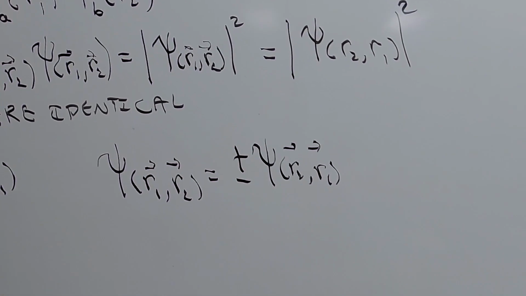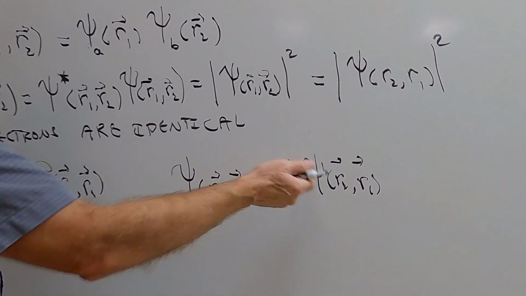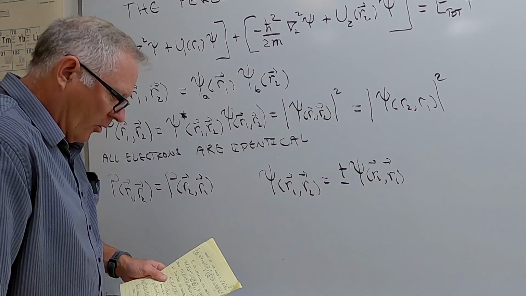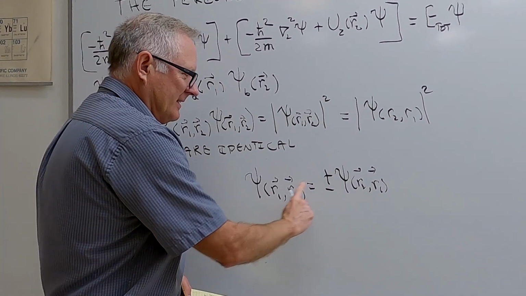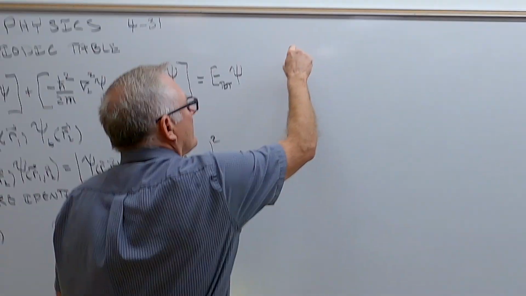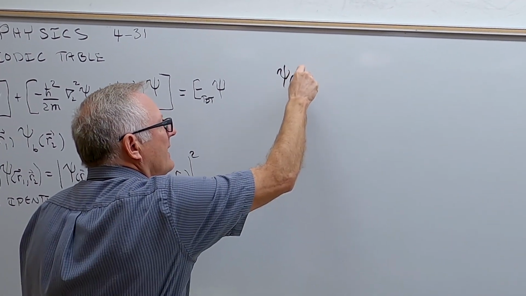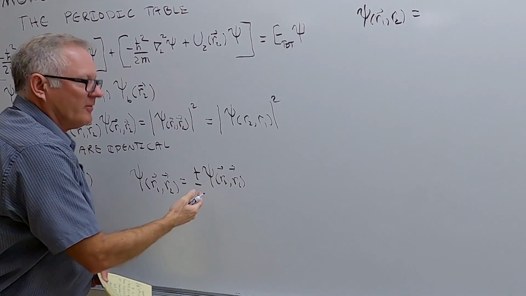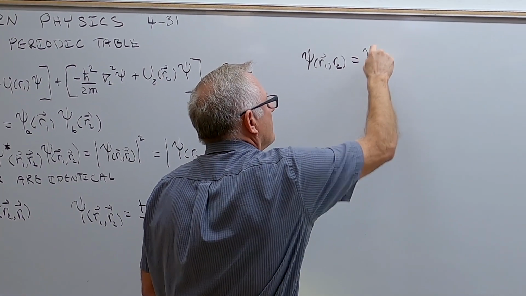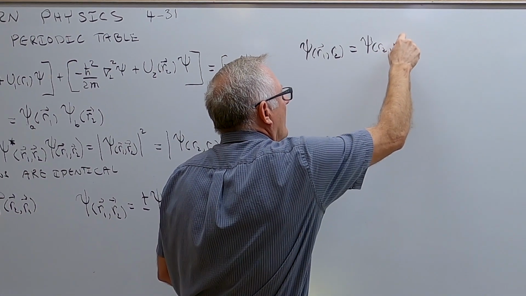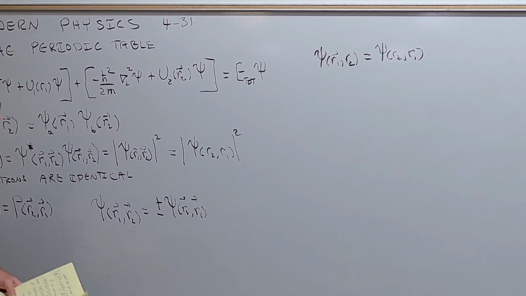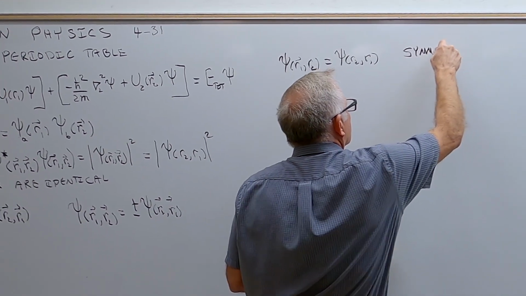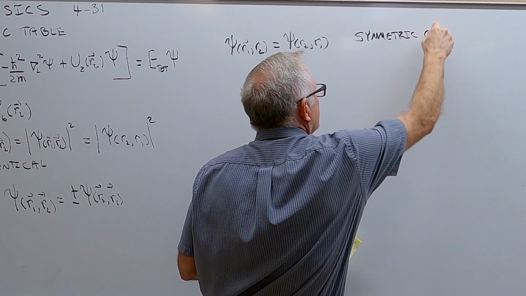Well, if they're identical, usually when this is equal to plus that, for the plus case, we call that the symmetric case. So if psi of R1, R2 is equal to the positive of the other one, psi of R2, R1, we call that the symmetric case.